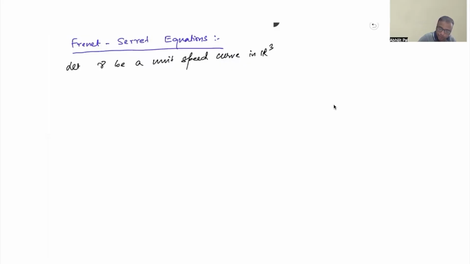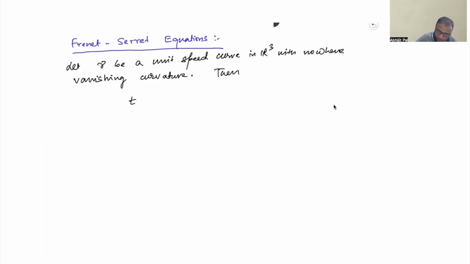So gamma is a unit speed curve in R3 with nowhere vanishing curvature. Then the following equations hold true.